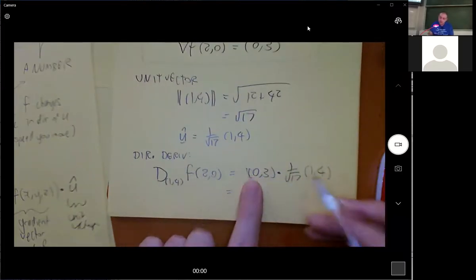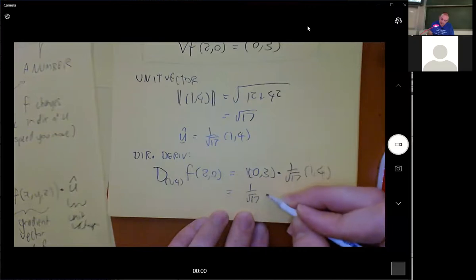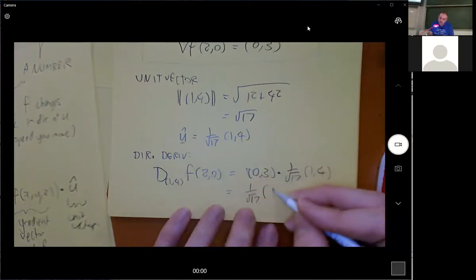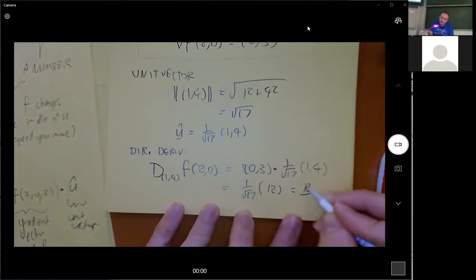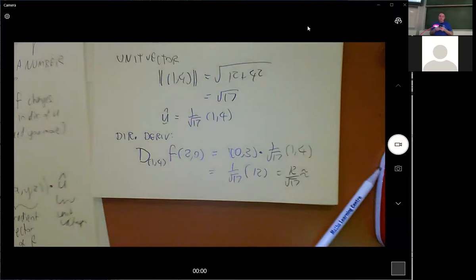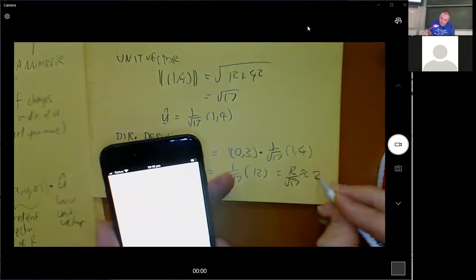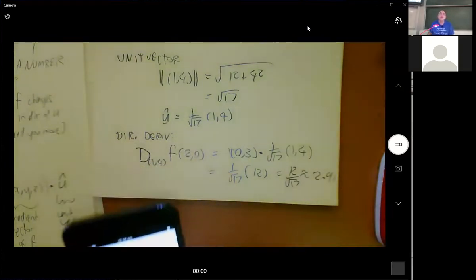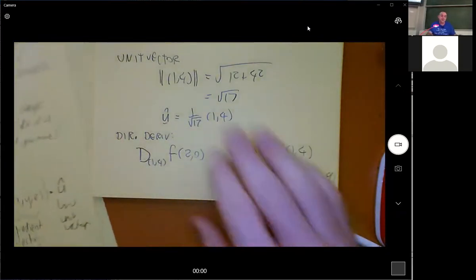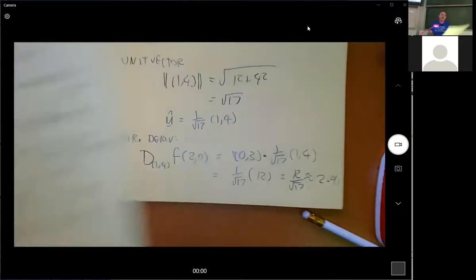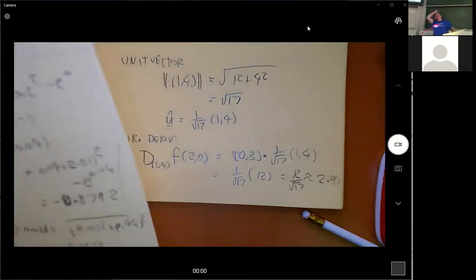So I'll have 1 on root 17 times 0 times 1 plus 3 times 4 is 12, which is 12 on root 17, which is approximately 2.91. Look at that. Did you see? Look. 2.92. Oh, it's not far. Yes, the world makes sense.